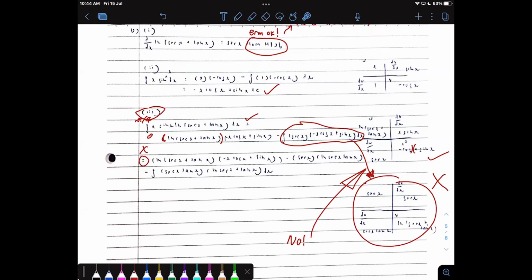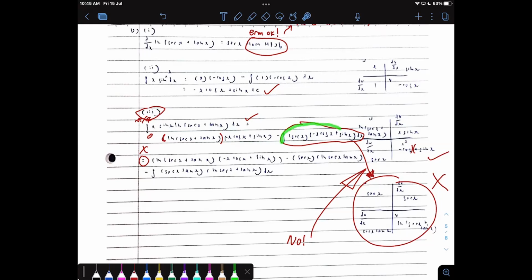Okay, in this case, I'll just look at the solution then. Let me just double check the solution they gave. Oh, right.